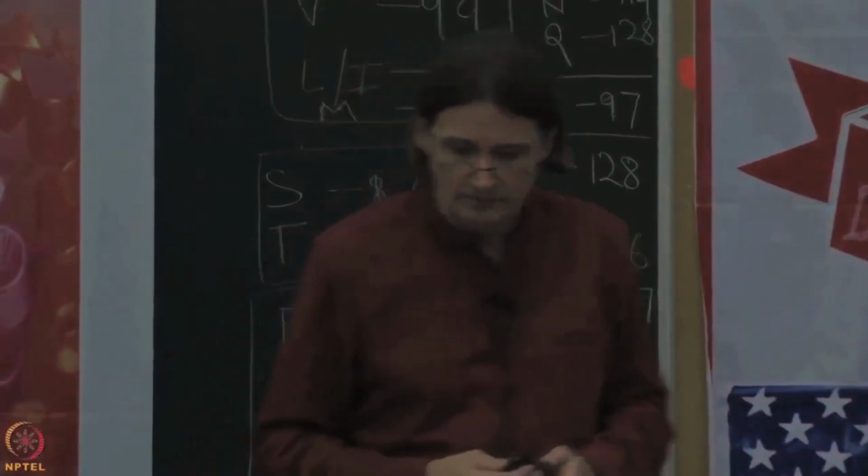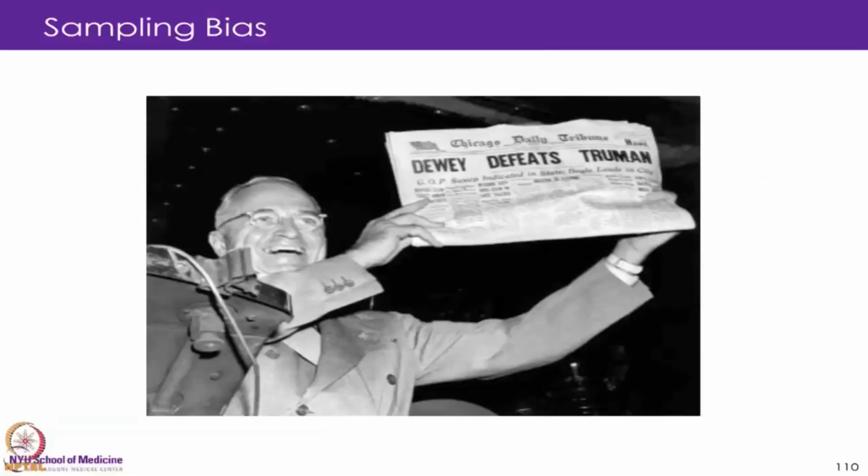Okay, so another few things I wanted to just mention. I'll only take a few more minutes. One is sampling bias. The machine learning method will only give us what we train it for. This is a classical example: in this election, Truman won, but the polling companies did their polls by calling people on their home phone.